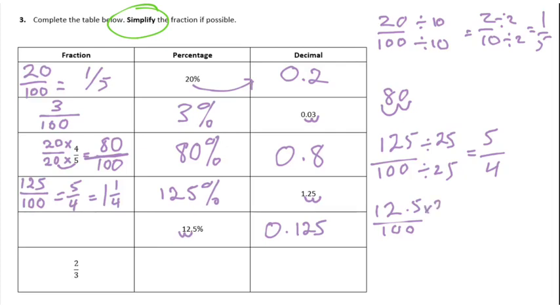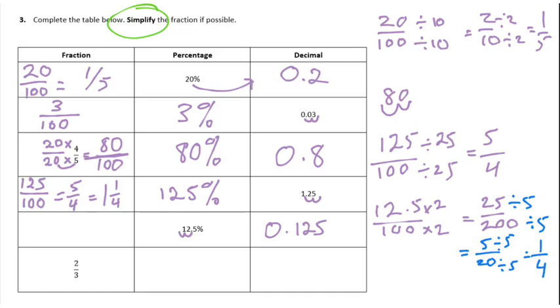Let's multiply the top and bottom by 2, and that's going to give me 25 over 200. Now I need to simplify that as much as possible. Let's divide top and bottom by 5, and that's going to give me 5 over 20, and now let's divide that top and bottom by 5 again, and that's going to give me 1 over 4.